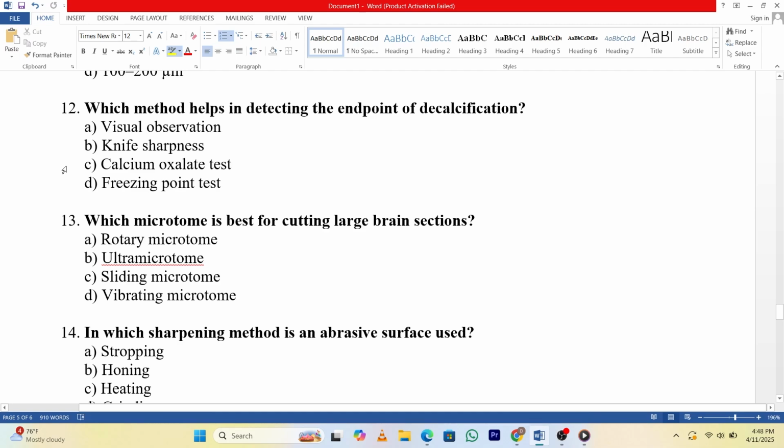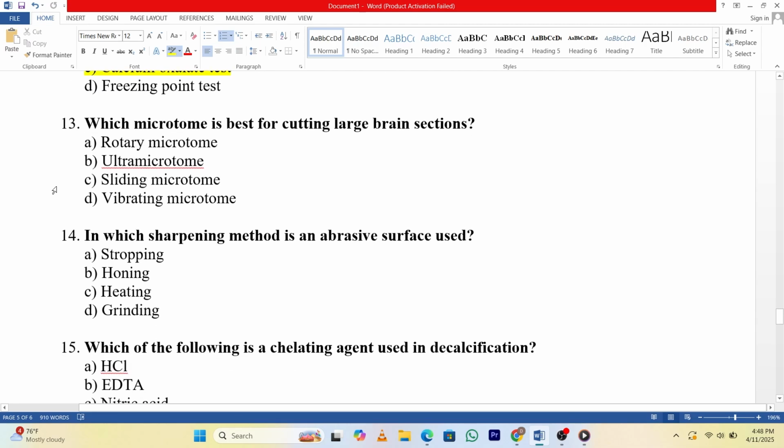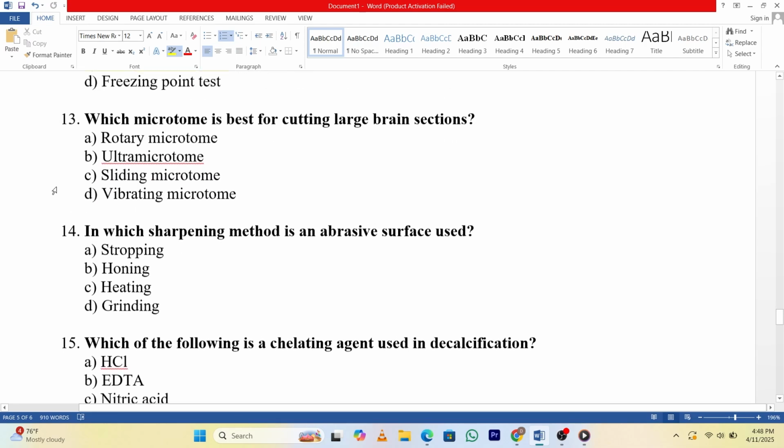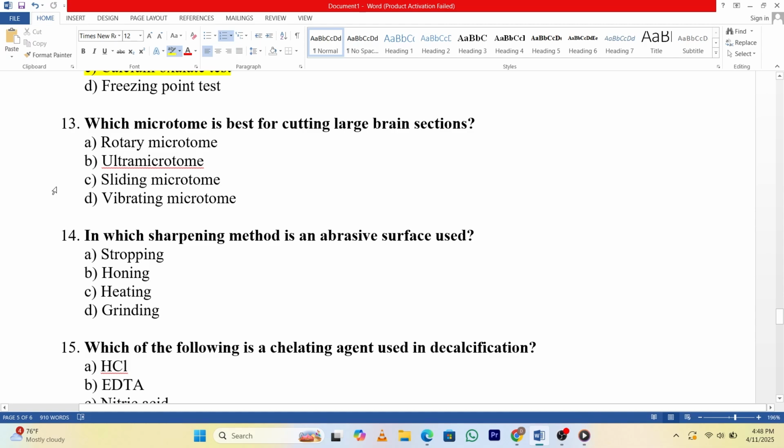12. Which method helps in detecting the endpoint of decalcification? A. Visual observation. B. Knife sharpness. C. Calcium oxalate test. D. Freezing point test. Answer, C. 13. Which microtome is best for cutting large brain sections? A. Rotary microtome. B. Ultramicrotome.